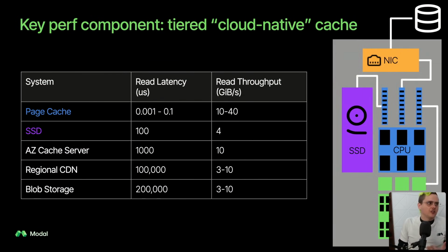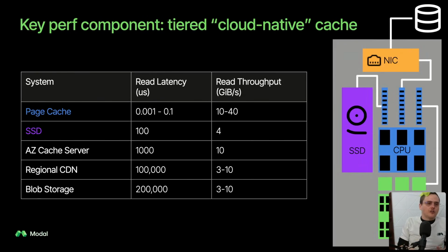So this cache here, by the way, is maybe a bit of marketing terminology, but I like to think of it as a cloud native cache. There's all kinds of caching going on inside of your machine, like the Linux page cache, and the caches inside the CPU and the GPU.